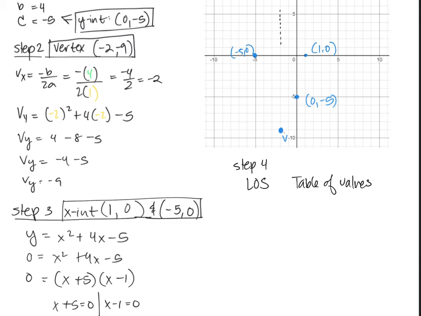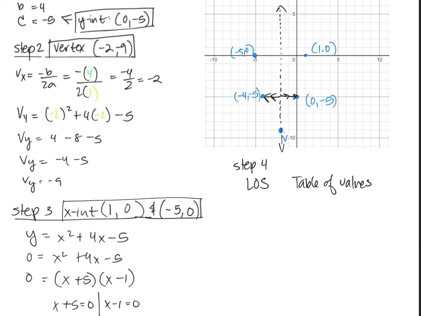I'm going to go ahead and draw in that imaginary line. And then I want to find the matching point for this one. My point is 2 values away from the line. So I know there must exist a point exactly 2 away from the line of symmetry. So I'll go ahead and plot that point in. And this point is negative 4, negative 5.